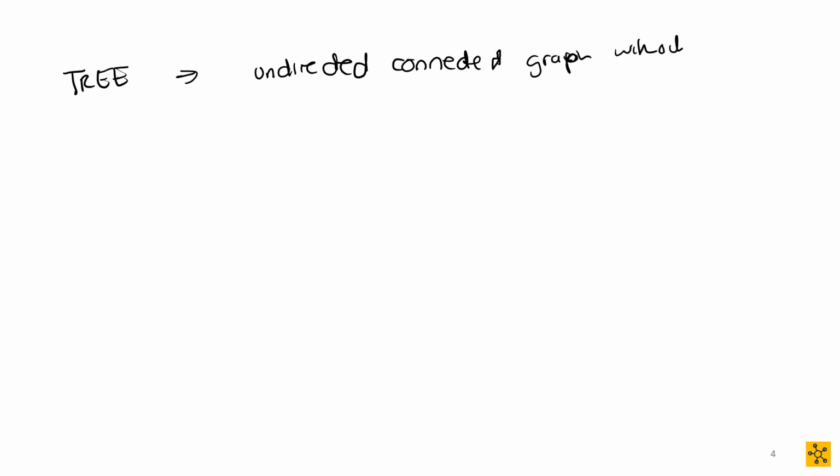Now, because this is mathematics, there's obviously other ways that you can define them, still getting the exact same outcome. So another way that you can define a tree is you can go about it in a slightly different way, and you can say, okay, it's an undirected, connected graph without any cycles.